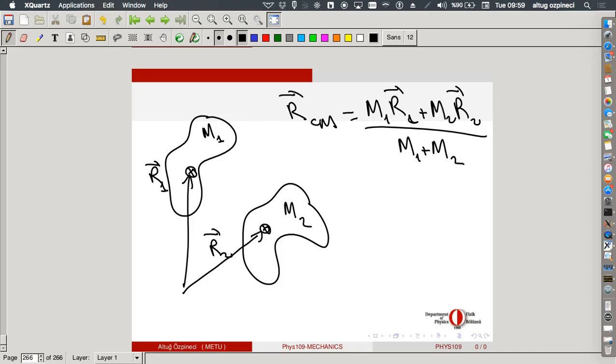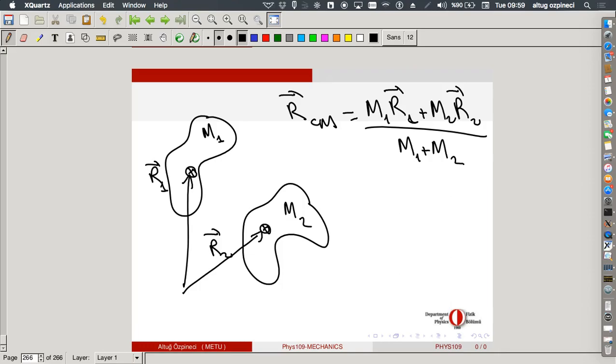This will complete my claim that even extended objects behave just like point objects as long as we take as their position their center of mass. We already know that if I have an extended object that is moving, then I can write its momentum as its total mass times a velocity, but this time it is the velocity of the center of mass, which we had already proven.